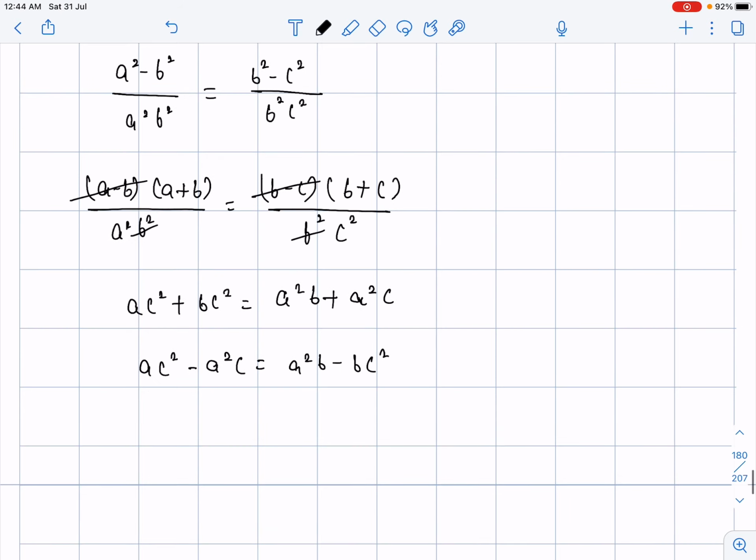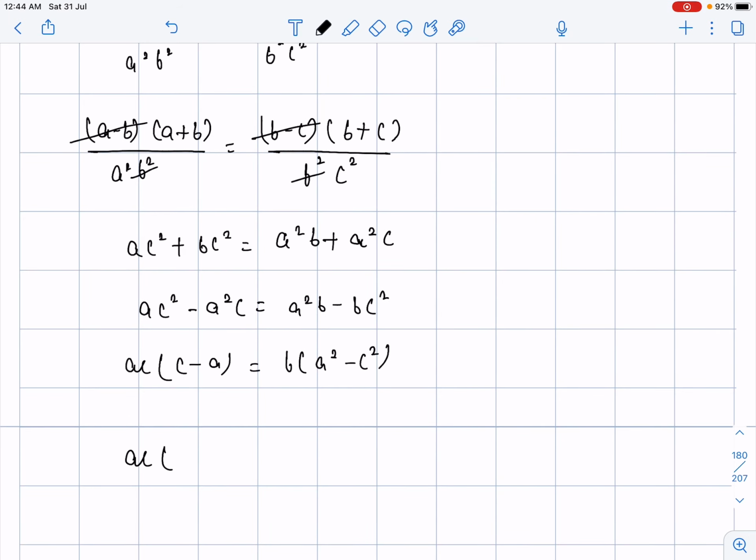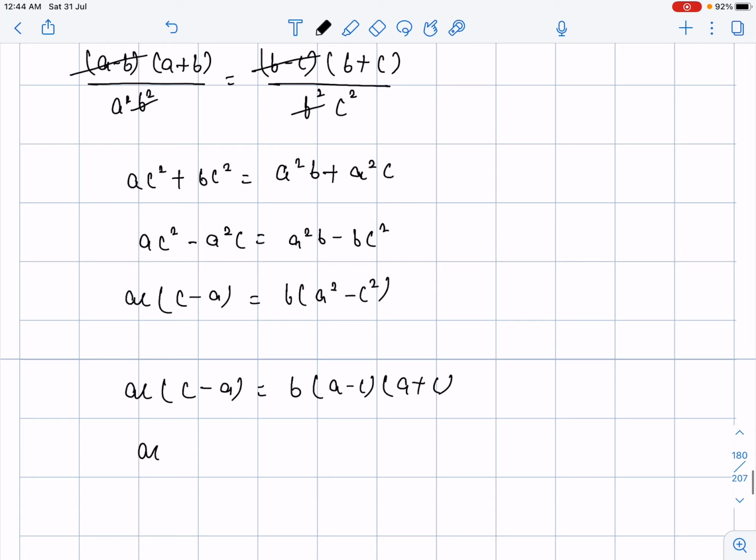Now get ac as a common factor, so c minus a will be remaining. Now let's get b as a common factor, so a square minus c square will be remaining. So finally it becomes ac multiplied by c minus a is equal to b times a minus c multiplied by a plus c. Now let's make it ac multiplied by c minus a is equal to minus b times c minus a multiplied by c plus a.